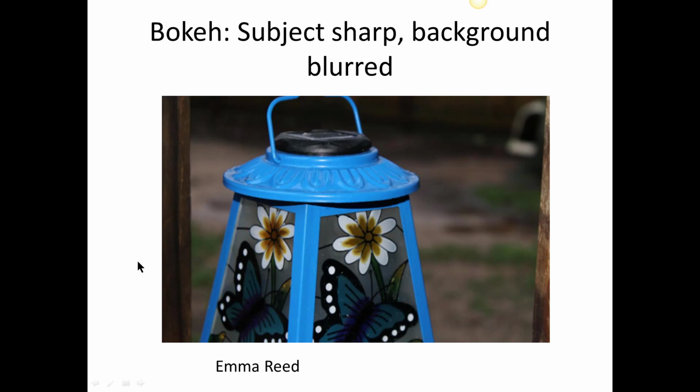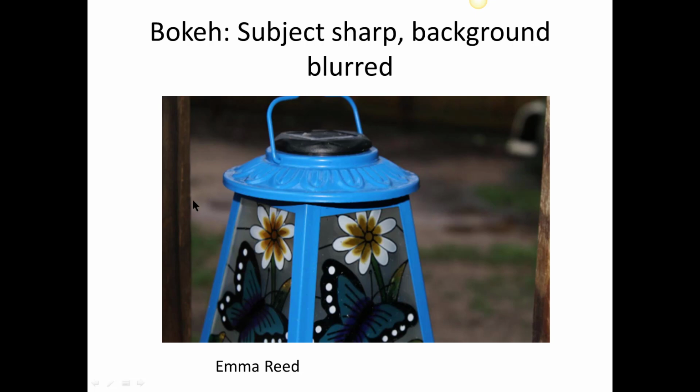I wanted to do a bokeh effect, and I think Emma really had a pretty good one here. This lantern thing is nicely in focus, and the background is bokeh effect. Now, if you were to change the depth of field by using a wide angle lens or changing your aperture to a higher f-stop number, in other words, a smaller hole, you would have more in focus back here, and maybe it would look kind of junky.